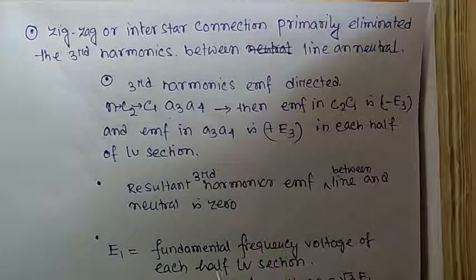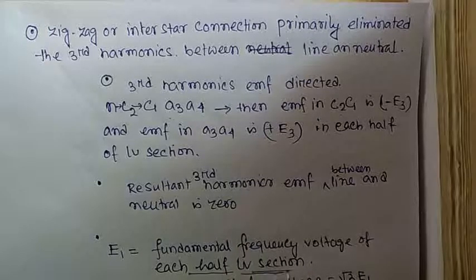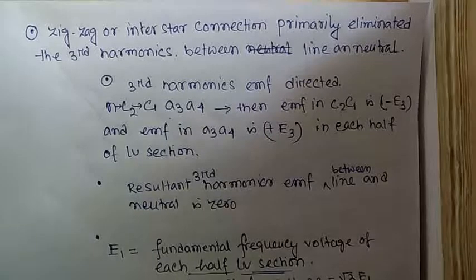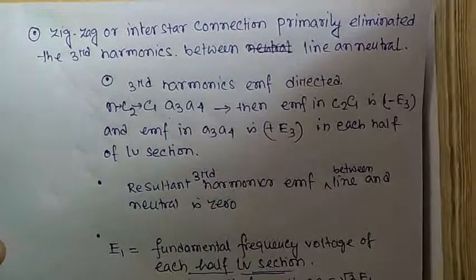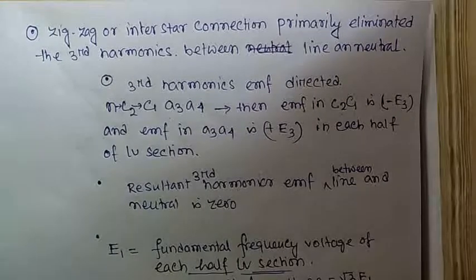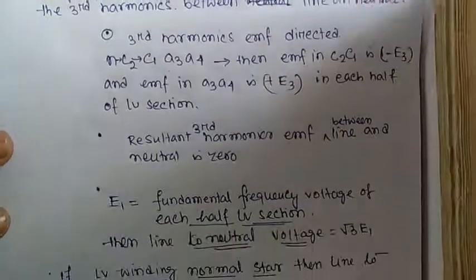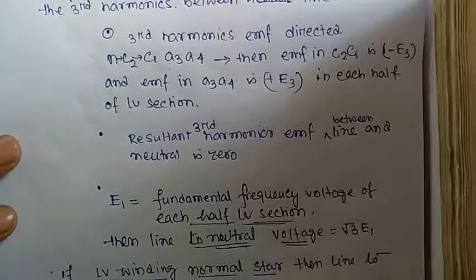Now suppose U1 is the fundamental voltage of each half LV section. So the line to neutral voltage should be equal to root 3 into U1. If the low voltage winding is normally connected as a simple star, then the line to neutral voltage is 2 into U1. Here E1 is the fundamental frequency voltage.